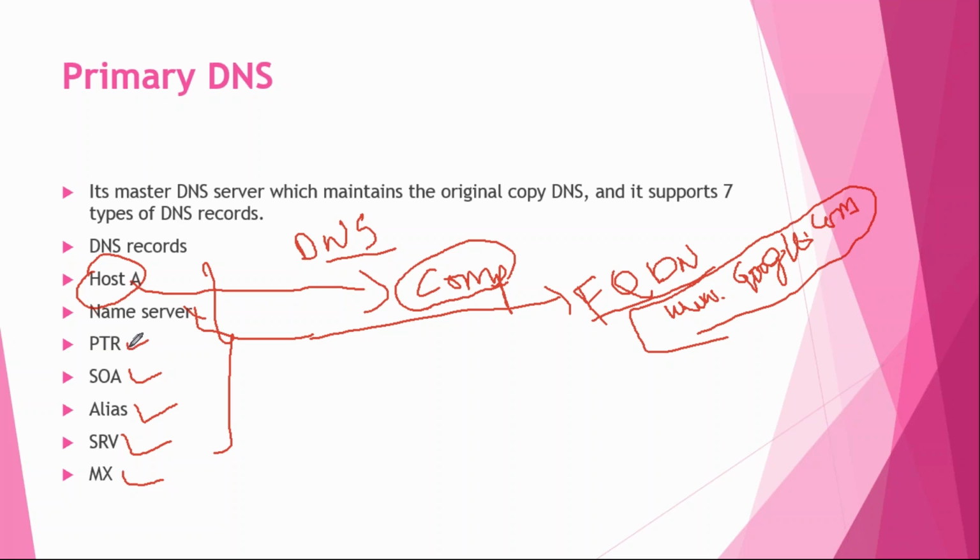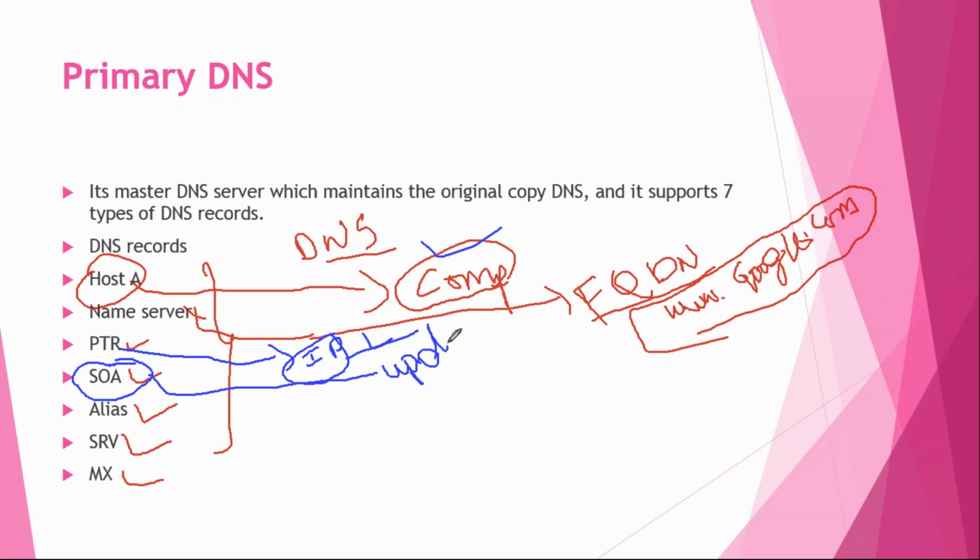Then PTR, pointer record. Pointer record keeps information of IP addresses. Host record maintains computer names, and PTR maintains information of IP addresses. Start of authority maintains the updates between client and server.